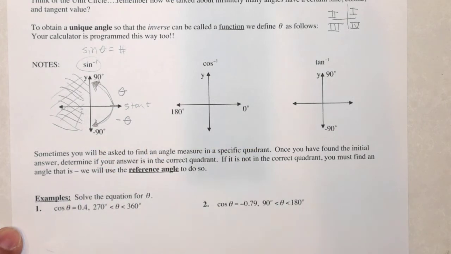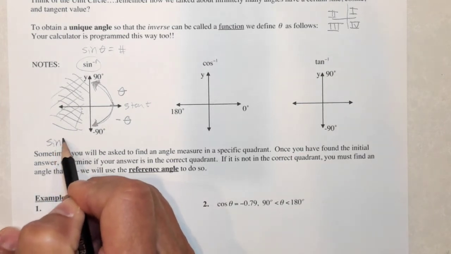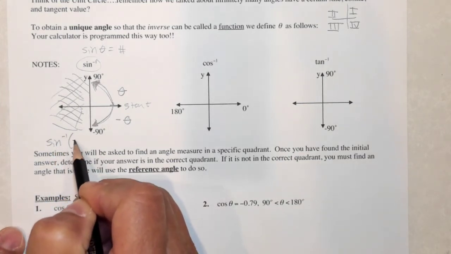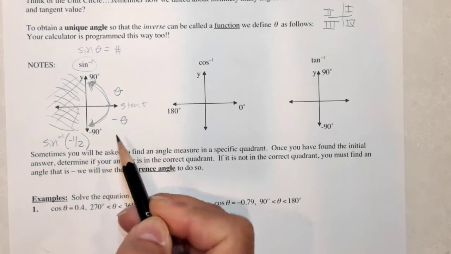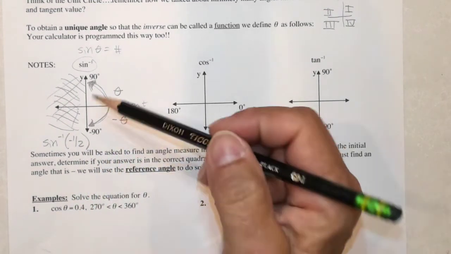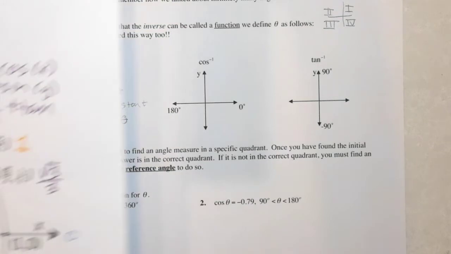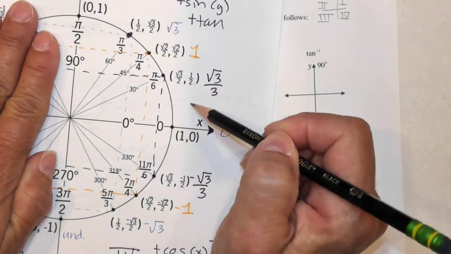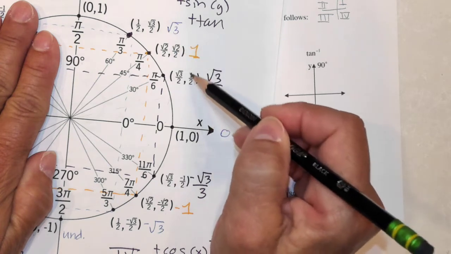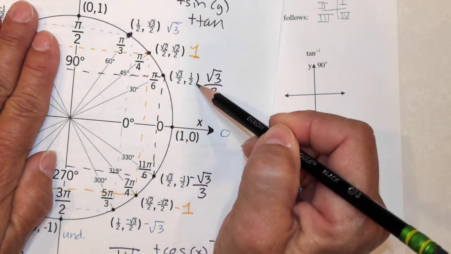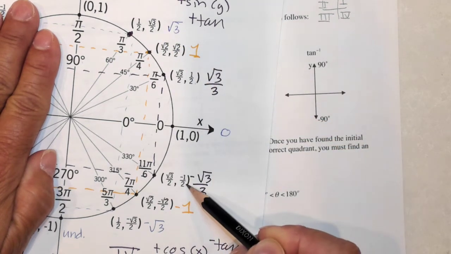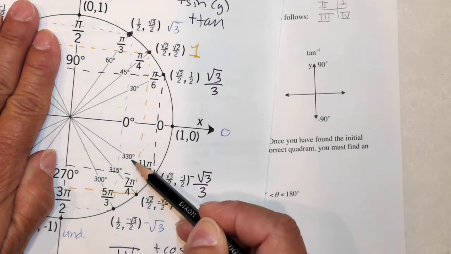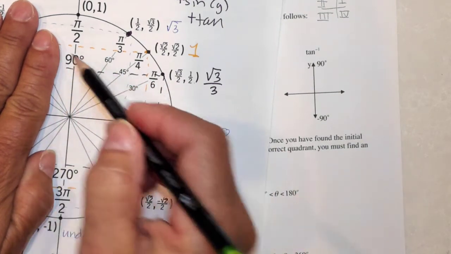So for example, if I was doing sine inverse of negative 1/2, even on my unit circle, but I was using this restricted domain that we're learning about, I would have to look only on this side. There is no sine on the top part that's a negative 1/2. There is one right here, however, but I can't call it 330 because that would mean I'd have to go through the restricted zone.